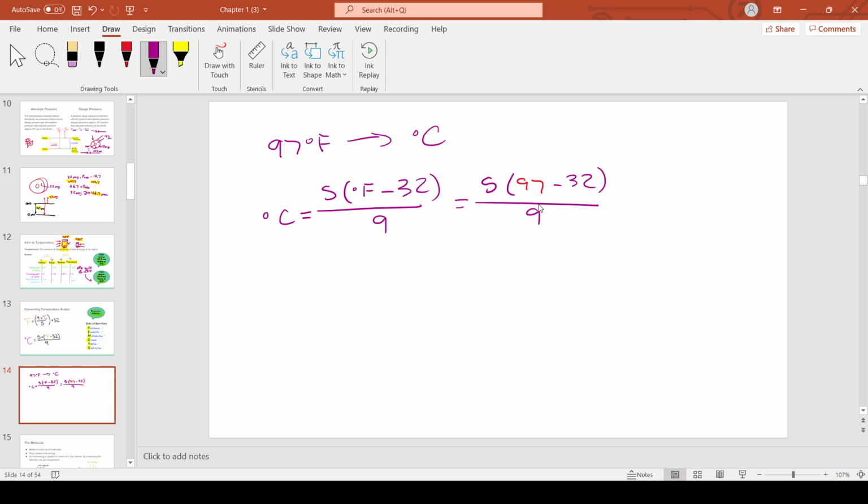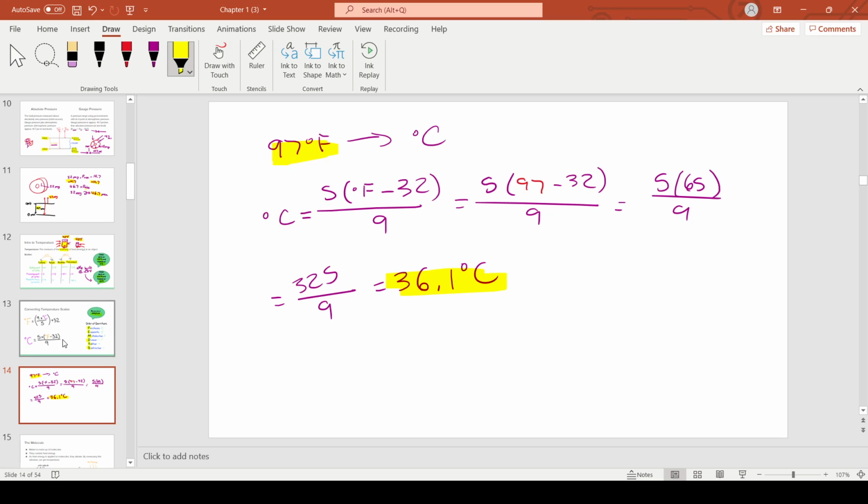We do this part first: 97 minus 32 is 65. 5 times 65 over 9. 65 times 5 is 325 over 9, which equals 36.1 repeating, okay? 36.1. So 97 degrees Fahrenheit is equal to 36.1 degrees Celsius. All you have to do is fill in the equation.